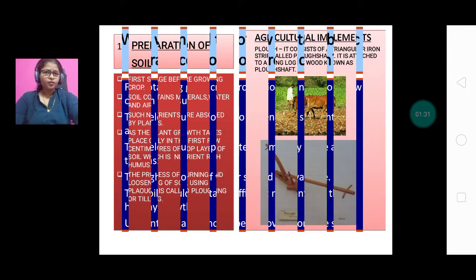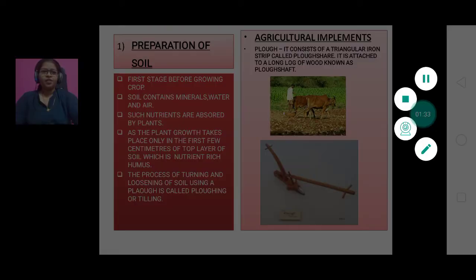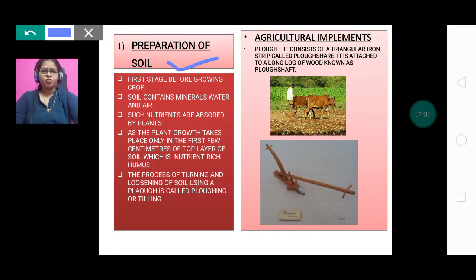Next, let's move toward the first step, that is preparation of soil. It is the first stage before growing crops and it is a very important step. Soil contains minerals, water and air. Such nutrients are absorbed by plants.